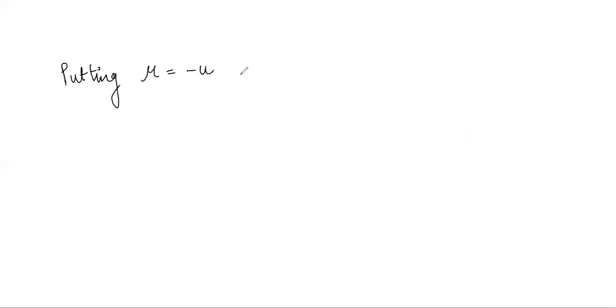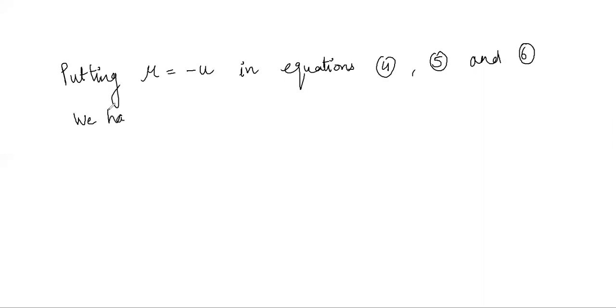Putting mu equal to minus u in equations 4, 5 and 6, we have, from fourth equation we will be getting x, and x will be minus a raised to power 4 lambda L, this divided by 2 1 minus a square u. It's a simple calculation.